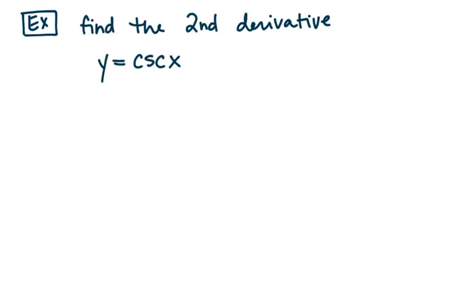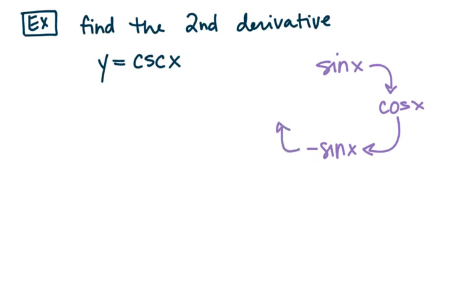Because if we think about sine of x, the derivative of sine is cosine x. Well, what's the derivative of cosine? Negative sine x. So if I were to take the derivative of negative sine x, I would get negative cosine x. And differentiating that would take me back to sine.